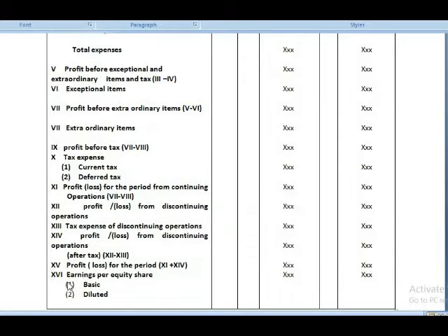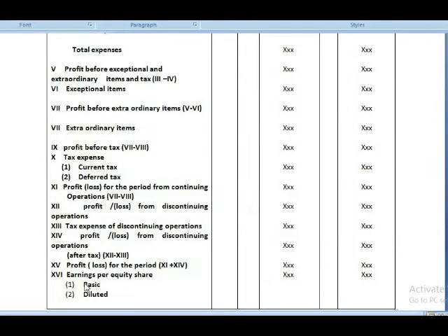The earning per share means the profit allocated to each outstanding equity share, which can be calculated through the profit available to equity shareholders divided by the weighted average number of equity shares.